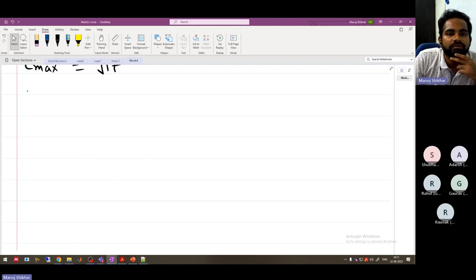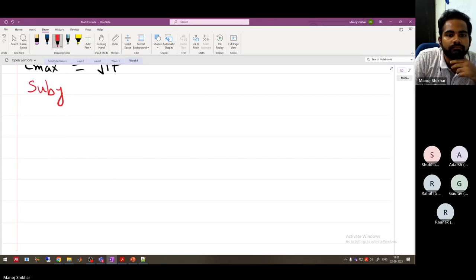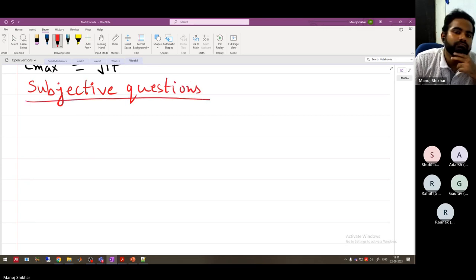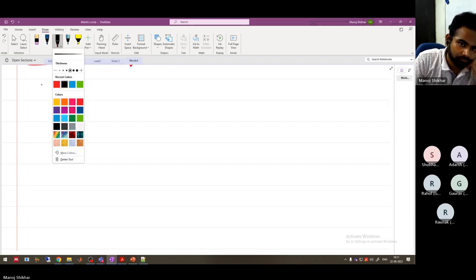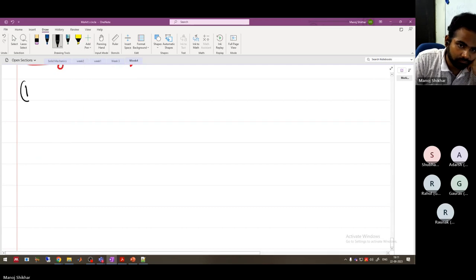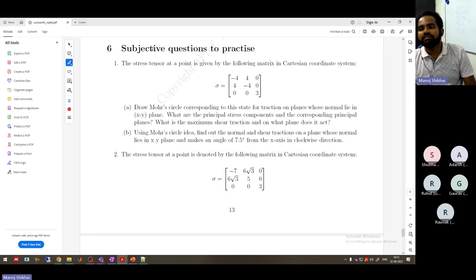Now we will move on to subjective questions. So the first question is, the stress tensor at a point is given by the following matrix in Cartesian coordinate system.